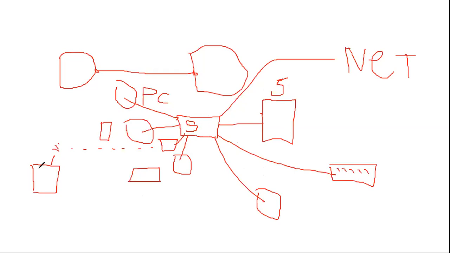But if it's a wireless connection, you need a wireless access point, usually written as WAP. So there's our wireless access point, and this guy's signal now goes there. This thing is then connected there. That connection could be wireless or it could be cable, usually cable. And that makes up the whole network like this.